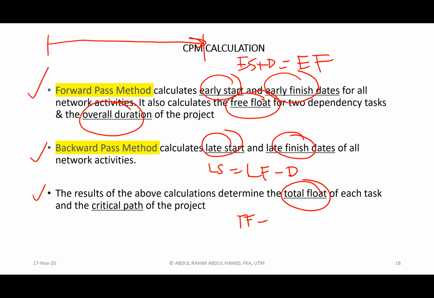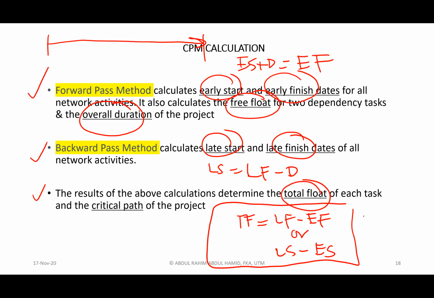Simple, total float is equivalent to late finish minus early finish, or late start minus early start. This is the formula that you can use in the PDM diagram, because in the PDM diagram, all those values you can see easily. Okay, then for sure you can determine the critical path.